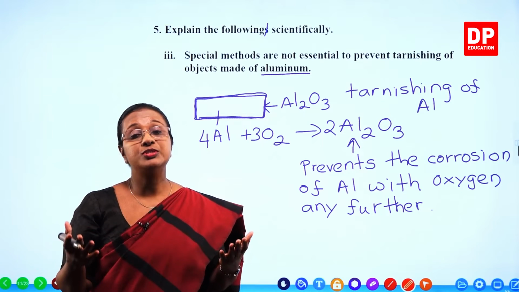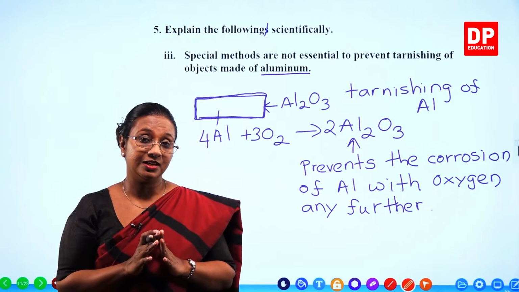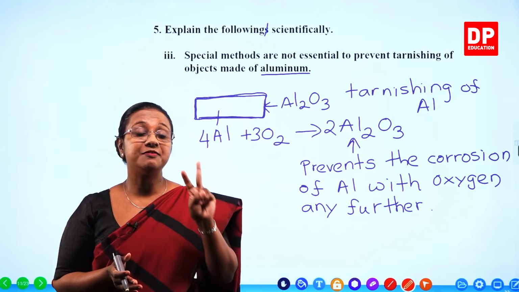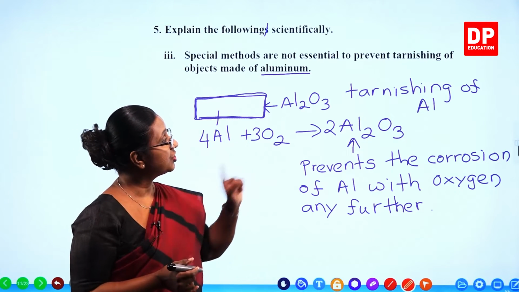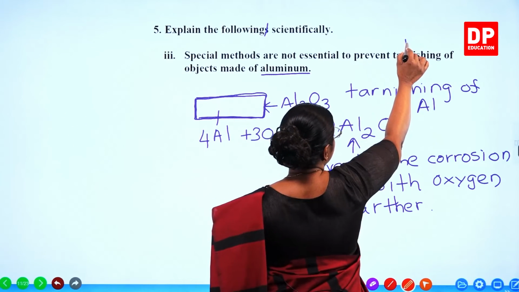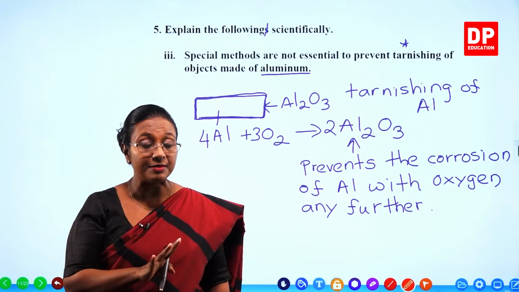We just use it as it is. Can you all understand that? You have to remember, students, the difference between corrosion and tarnishing. Although in this question it says tarnishing, tarnishing means the shine is lost. You have learned that before.